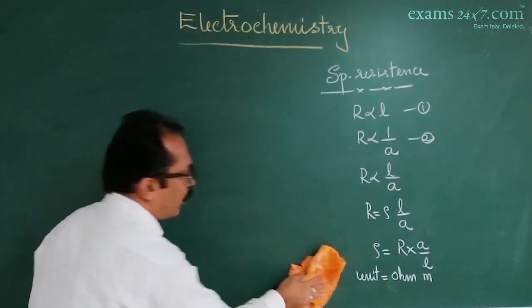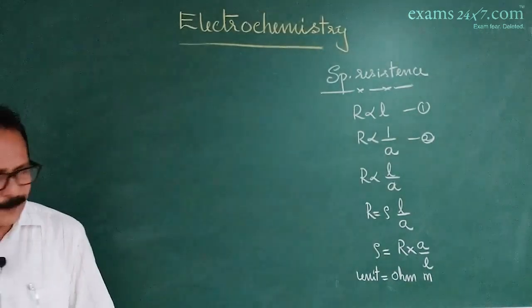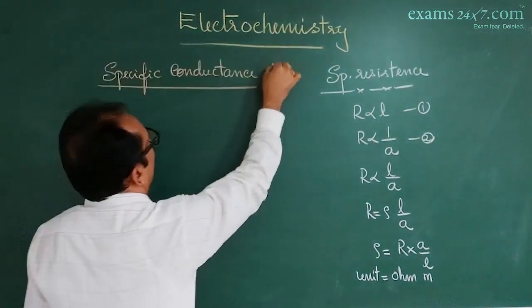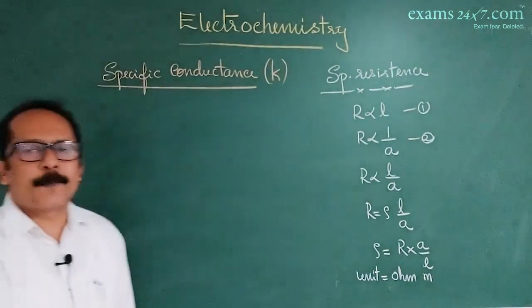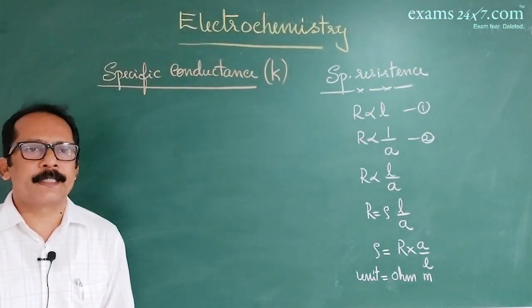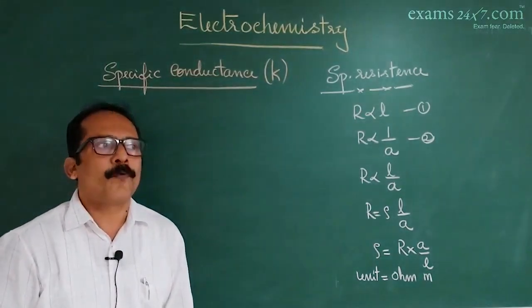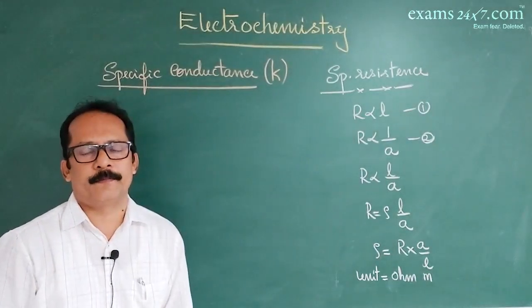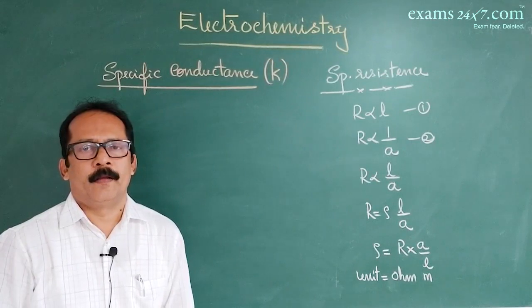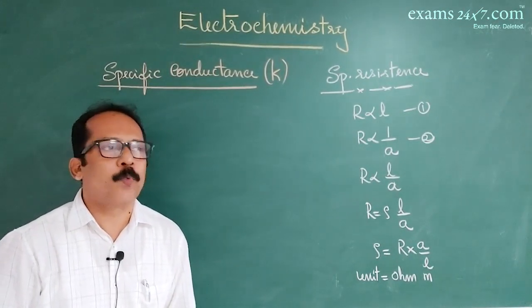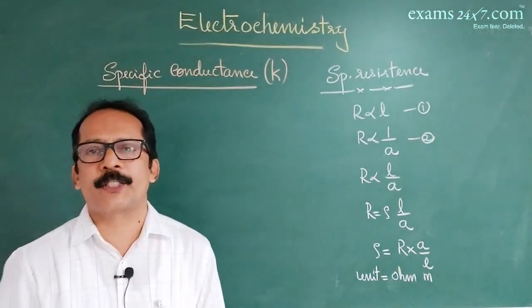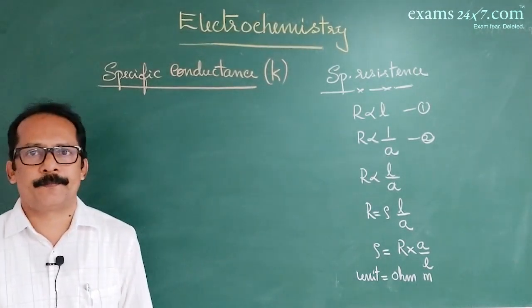The first one is specific conductance, represented by kappa. Specific conductance is defined as the conductance offered by the solution in which the length of the electrode is 1 meter and the area of cross section is 1 meter square.